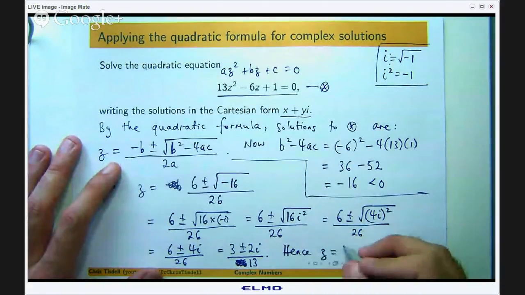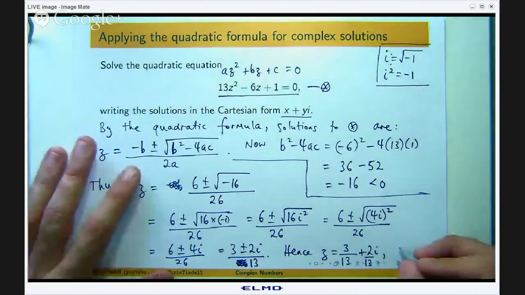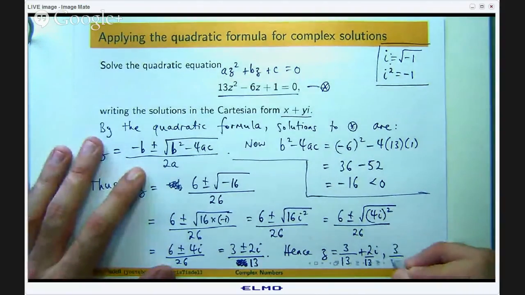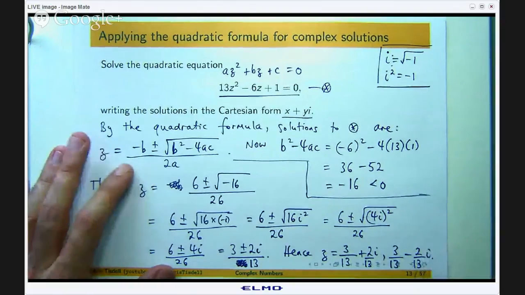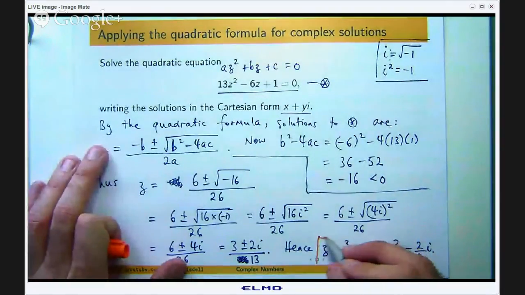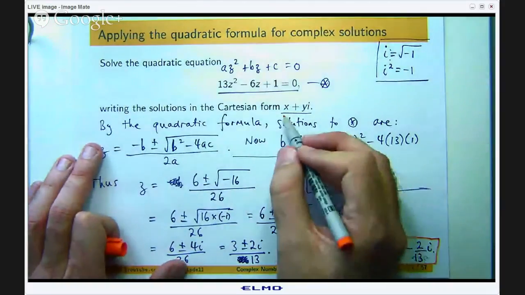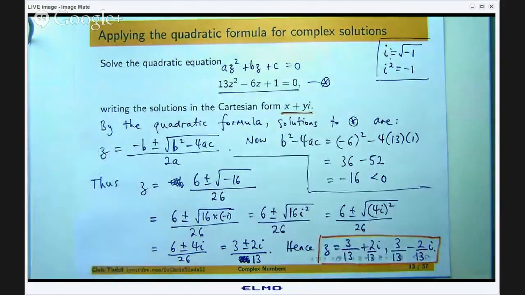So z equals 3 on 13 plus 2 on 13 i, or 3 on 13 minus 2 on 13 i. So I've just squished it in there at the bottom. Okay, so here are your solutions. There's 2 of them, and they're written in this Cartesian form.